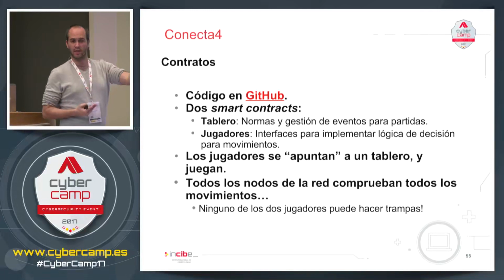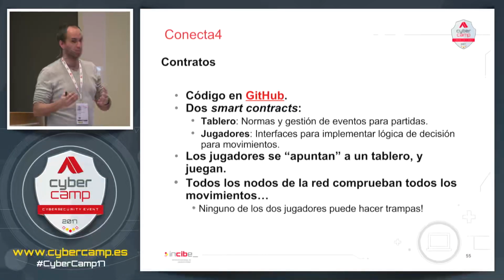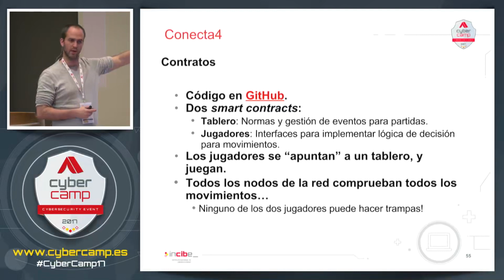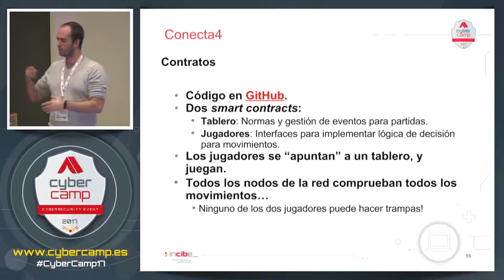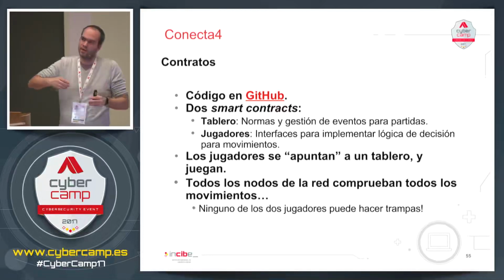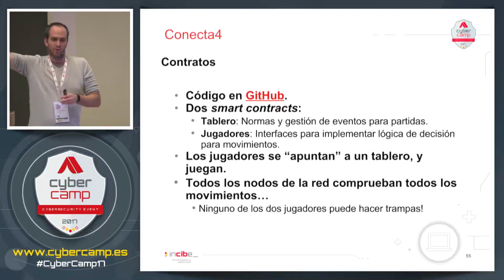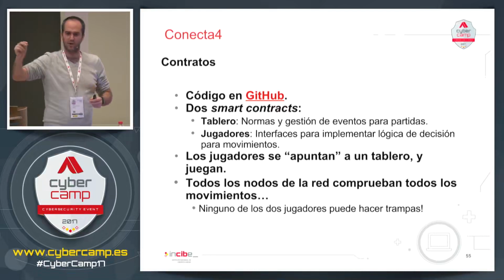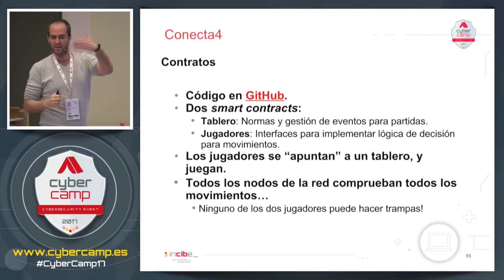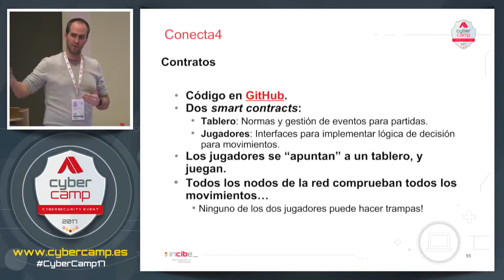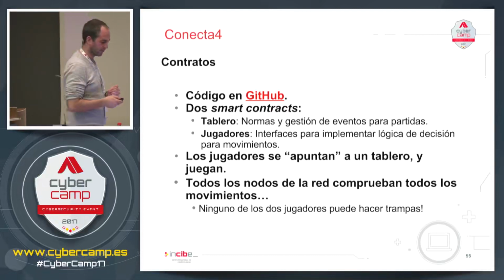I'm not a hacker. I cannot enter the blockchain. I can't change the results because it's cryptographically protected. It's a blockchain. I can't change the story. It's digitally signed. So if I want to say that my friend is stupid and he's made a bad move, I can't say that because I can't tamper with or fake this movement, because I need his key for that.